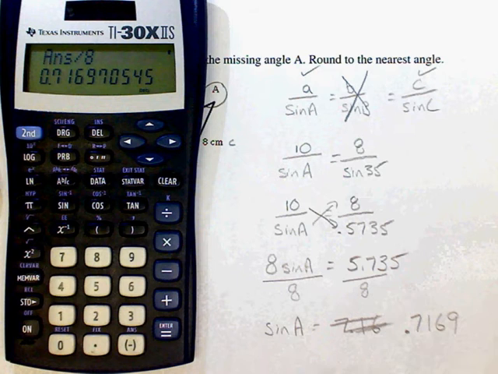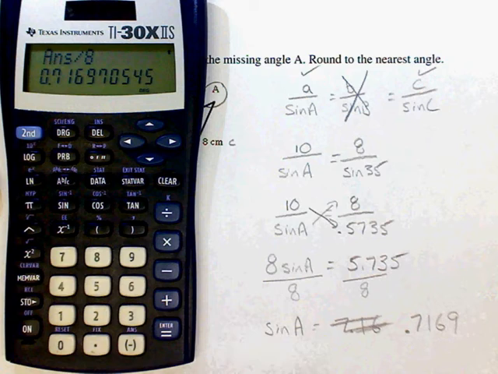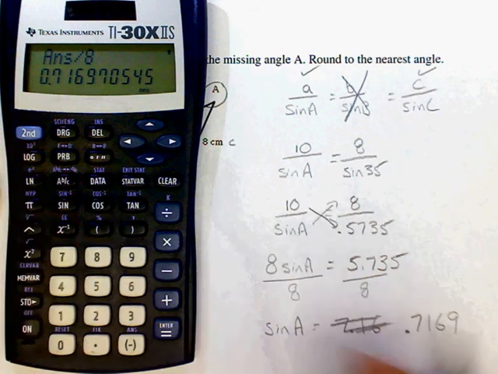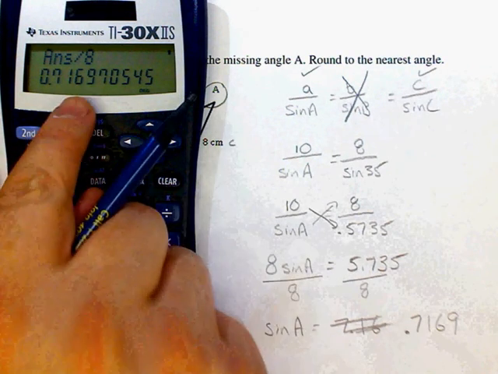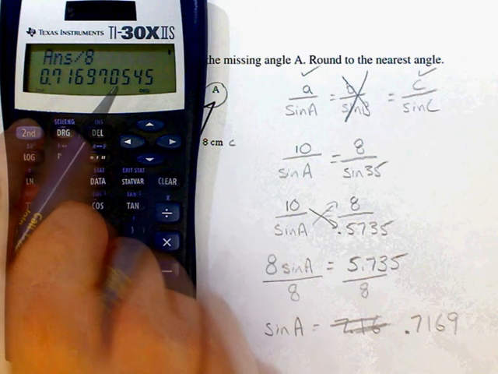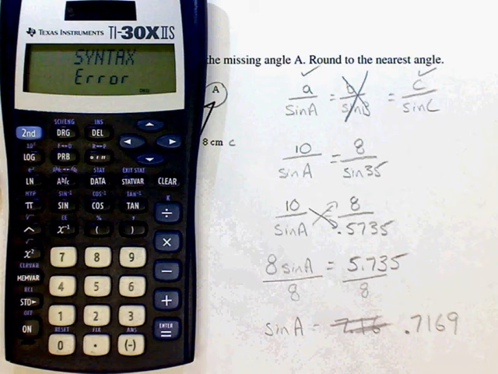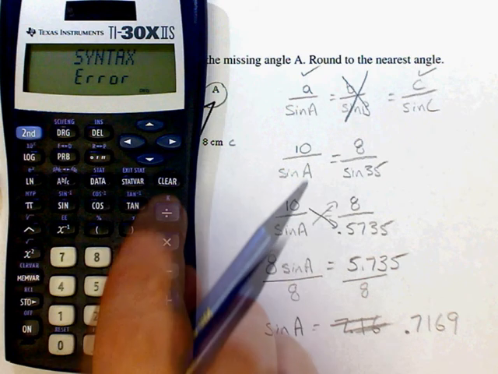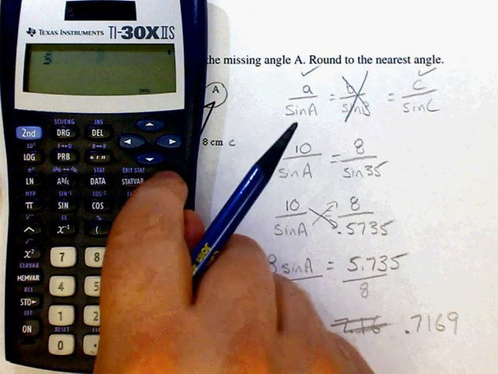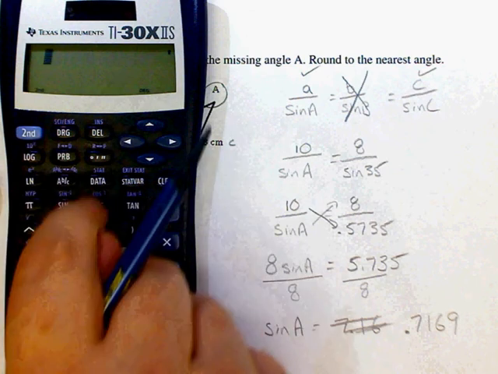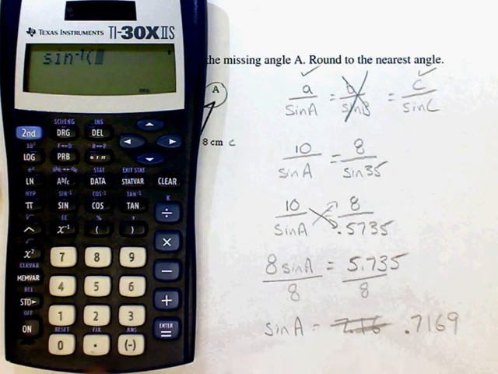Now, in order to find A, I've got to do the inverse of sine. We saw this before. We have our number in our display on our calculator. We hit second function sine, and we get an error. This calculator is a little unique. I have to hit second function sine first, and then my decimal.